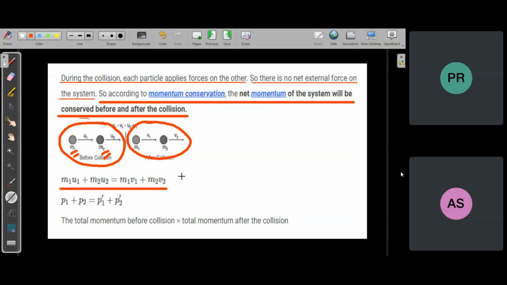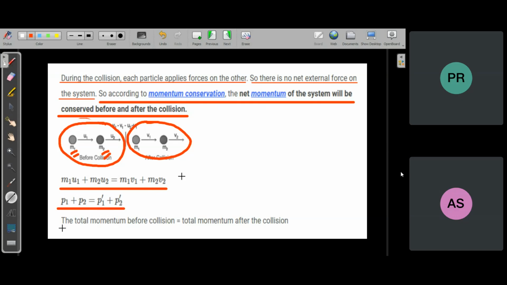But the gravitational force is not impulsive, though it is an external force. So here we will have to take just before collision and just after collision. It will always be better if you say just before collision, just after collision. Momentum will be conserved if there is no external impulsive force acting on the system.